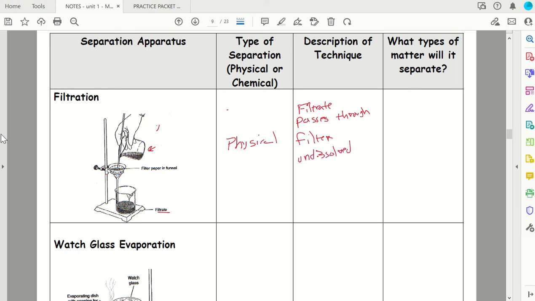There's a special name for undissolved particles that are in solution. They're called solids. And they are caught by the filter.